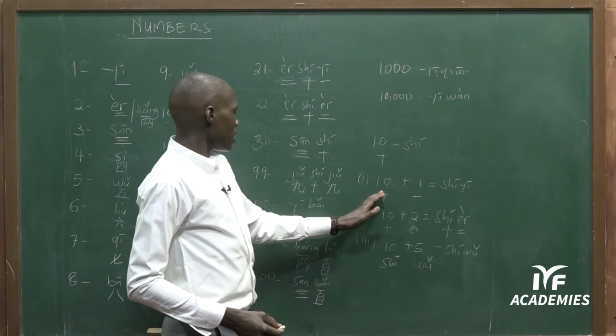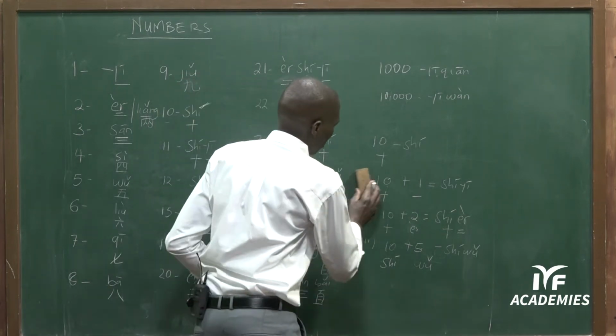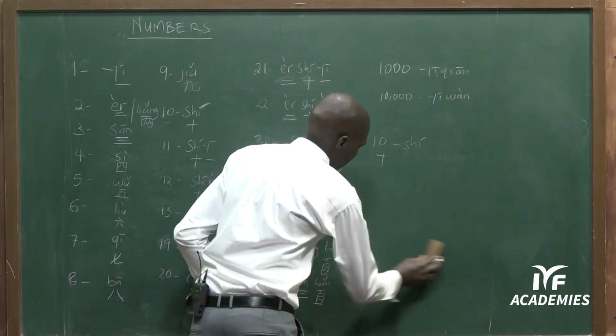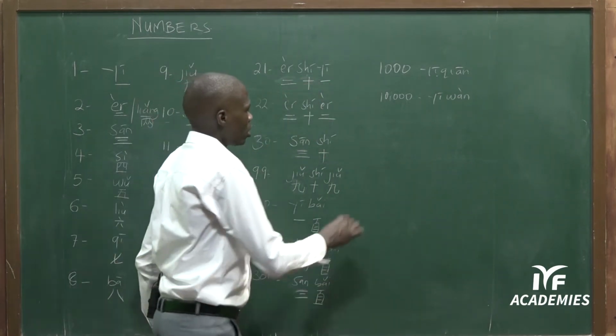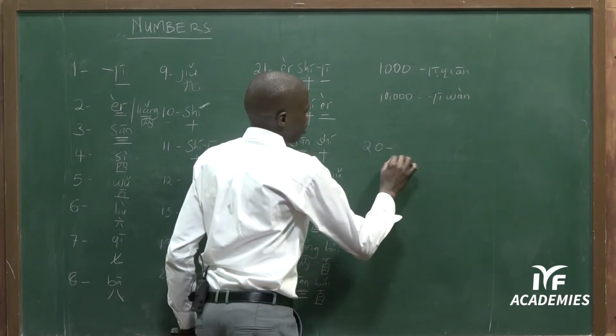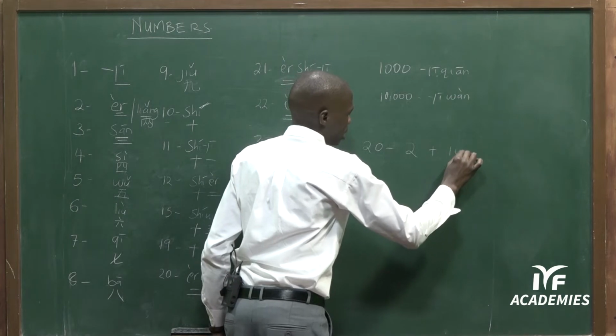So 20 is a little bit different here. From number 20, we are going to say 2, then 10.